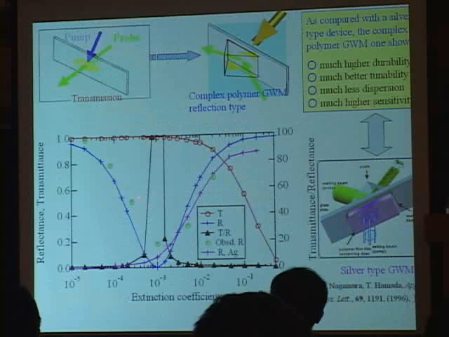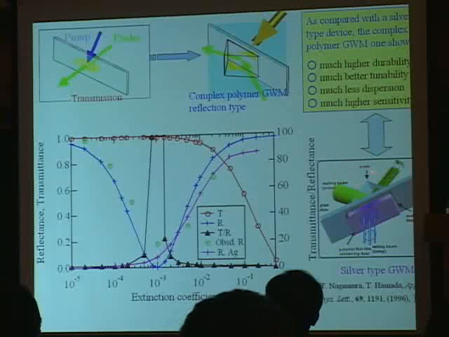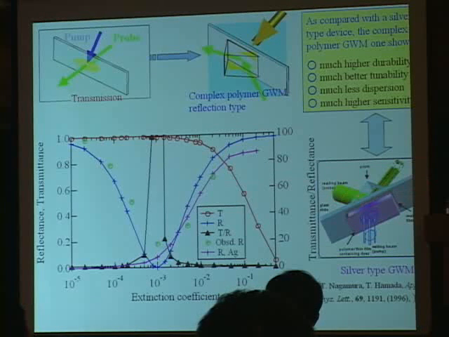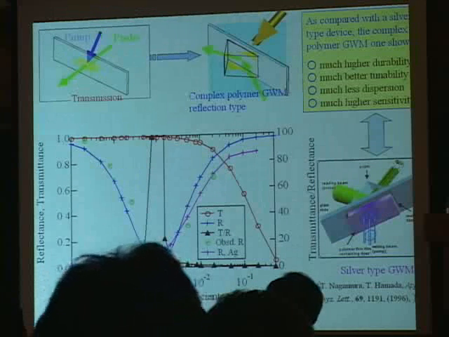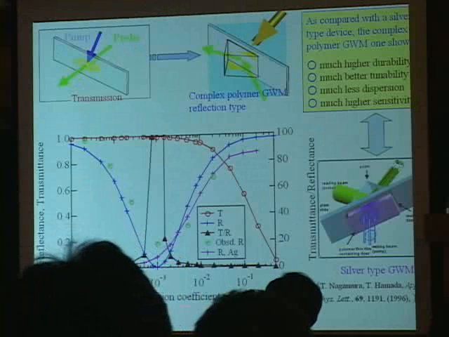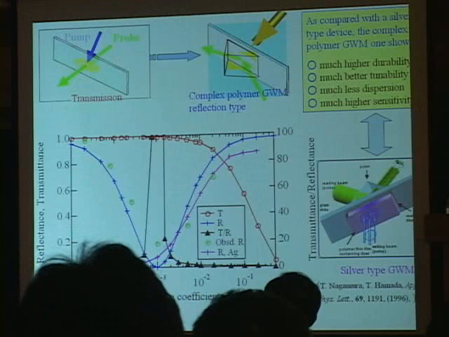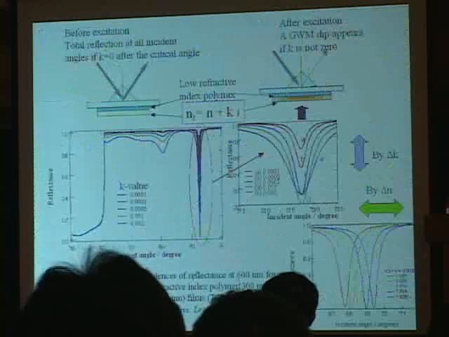And this type of device has many advantages as compared with the metal type, as I told you before, in addition to the durability. So I'll briefly explain the behavior of reflectance as a function of extinction coefficient. Extinction coefficient is this k.